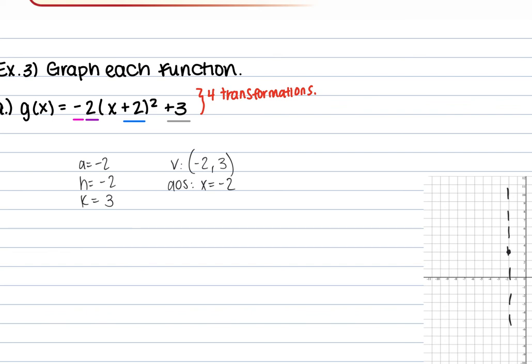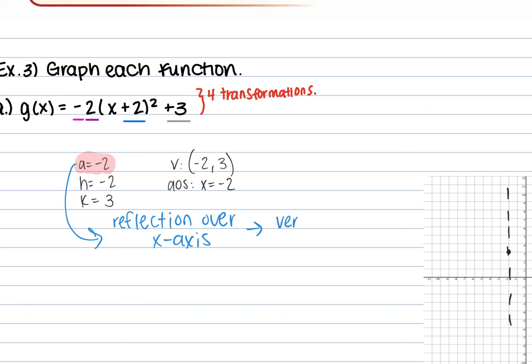Now we have to look. What value is going to tell us about the graph, if it's skinny or fat? A. What is an a value of -2 going to do to our graph? It's going to be a reflection over the x-axis, but there's something else that's going to happen. Daniel? Stretch by 2.